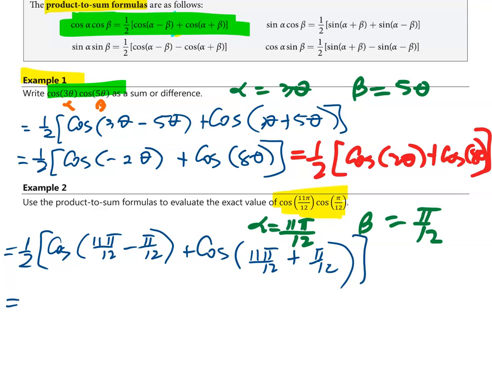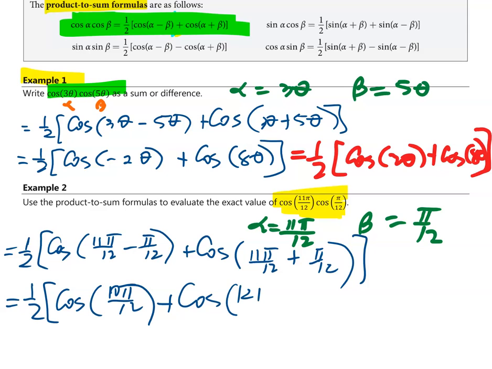Let's simplify this. 11 minus 1 is 10 over 12, so 10 pi over 12. 11 plus 1 is 12 pi over 12.